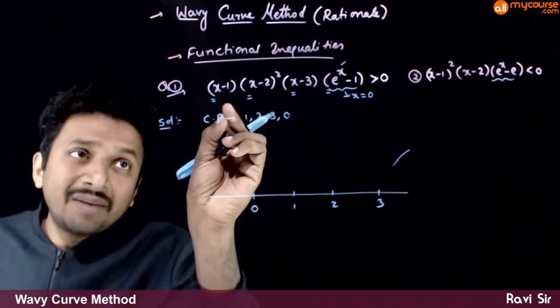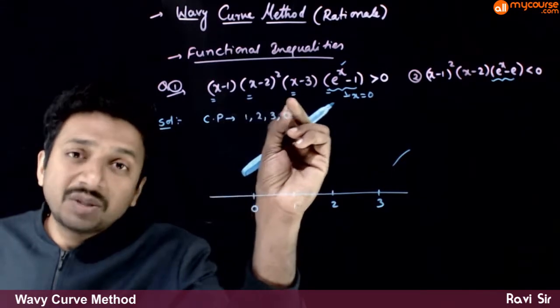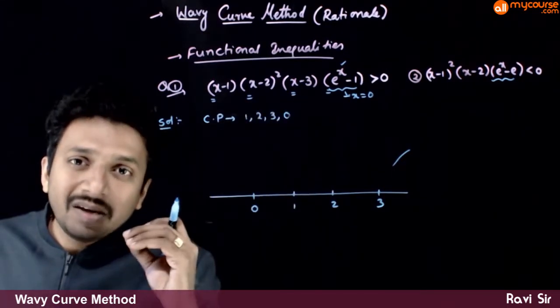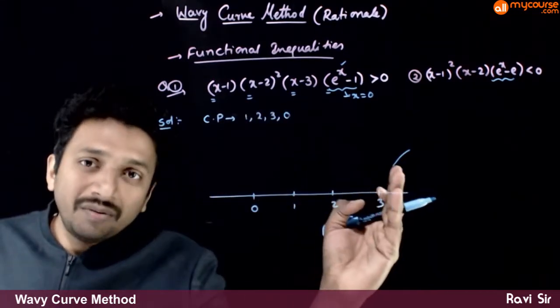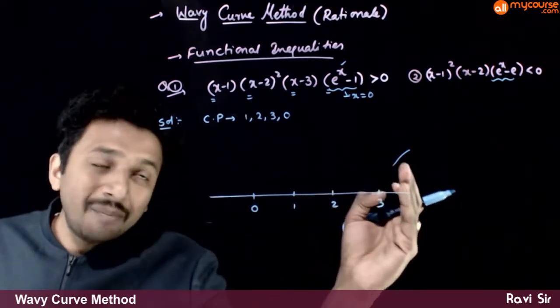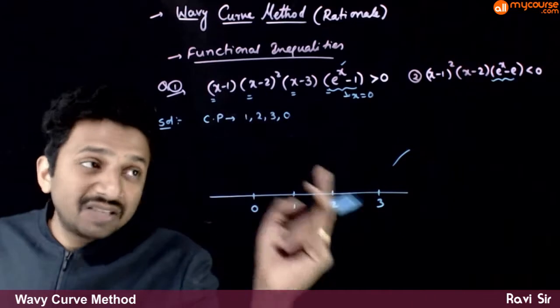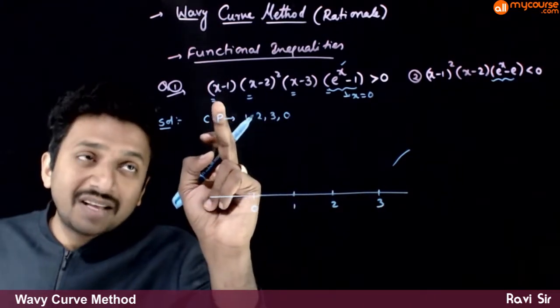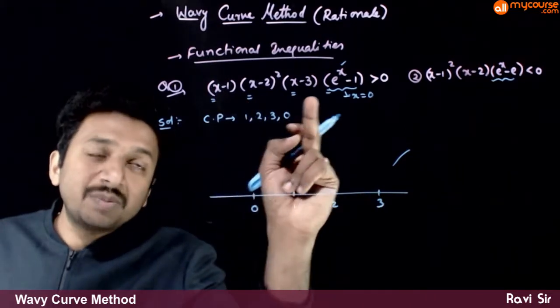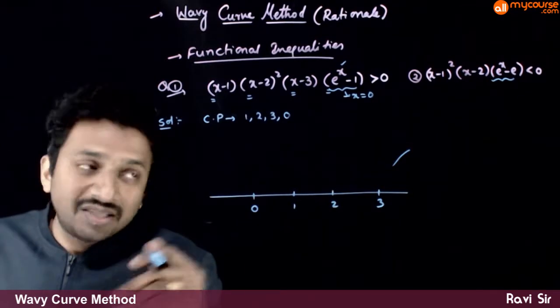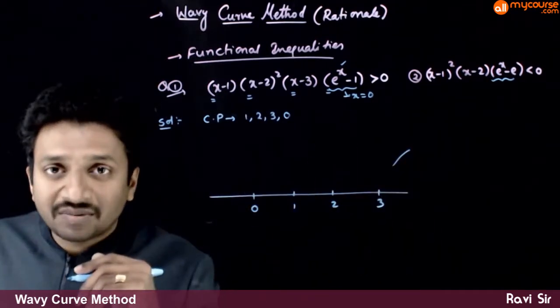So the reason I'm making the leading coefficients positive is simply that when x is a very large number, I'm making all the expressions positive. You can also check this: put x as a very large number, see whether each expression is becoming positive. If that is happening, start from above the x-axis.